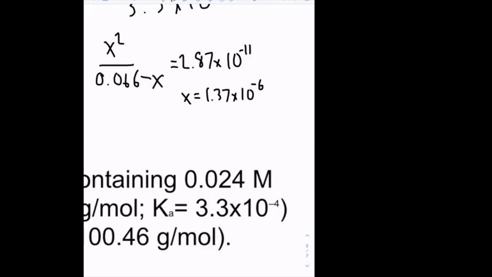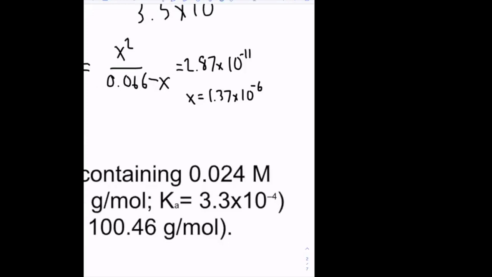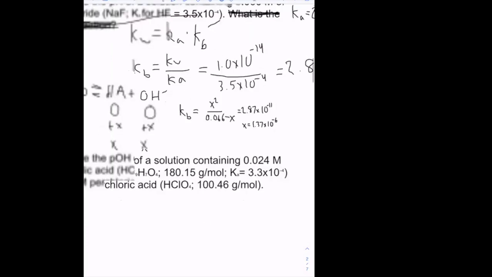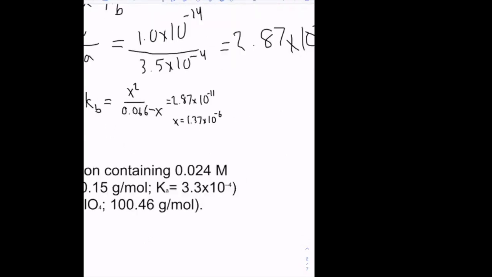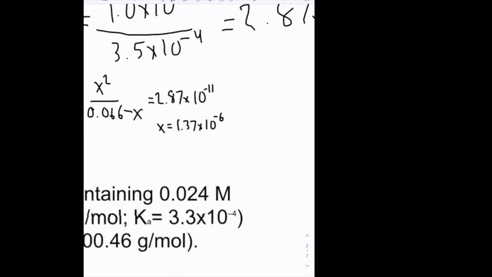Then we have to be careful here. It wants to find the pH. What the x value actually gave us for this problem is both the OH minus concentration and HA concentration. It did not give us the H3O plus concentration. But what we can still do is take the negative log of this, and we're going to end up getting the pOH.